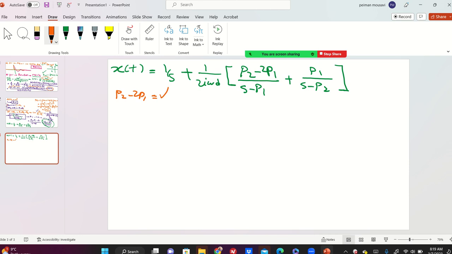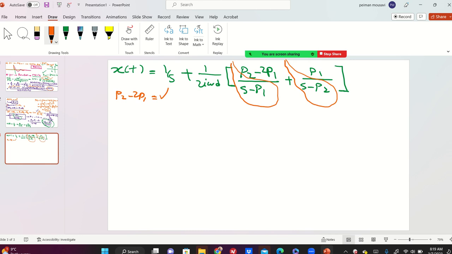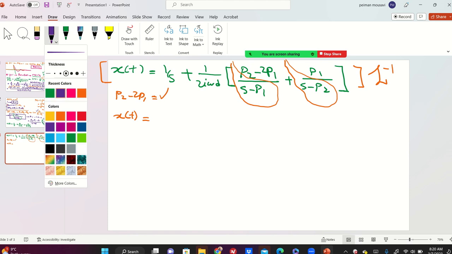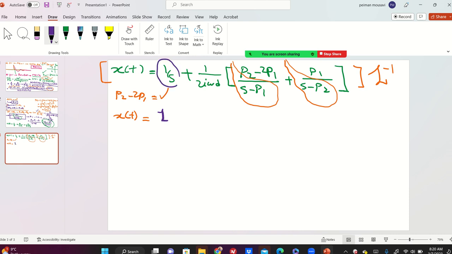And simply you see that this is gonna give you, when you go to time domain, guys, I skipped the calculations. X of t, when you do that, you apply the Laplace transform. If you do that, you get this 1, because this is the unit step. If you do the calculations, this is the final answer.